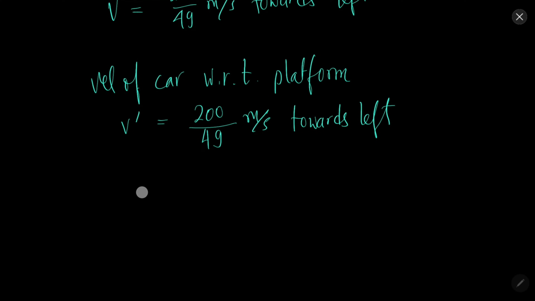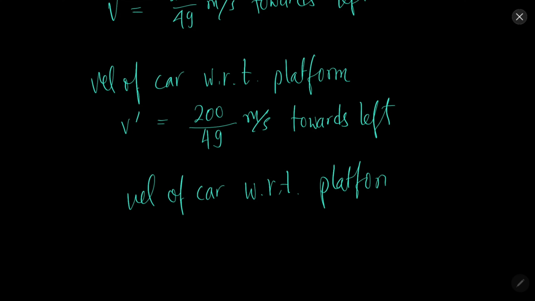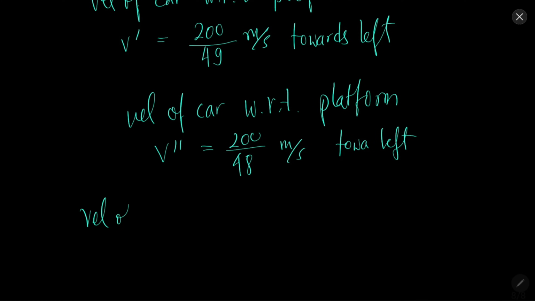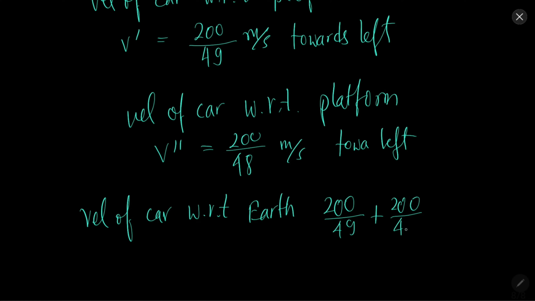And when another shell is fired, the velocity of the car with respect to the platform will be v double dash, 200 over 48 meters per second towards left. So the velocity of the car with respect to earth will be 200 over 49 plus 200 over 48 meters per second towards left.